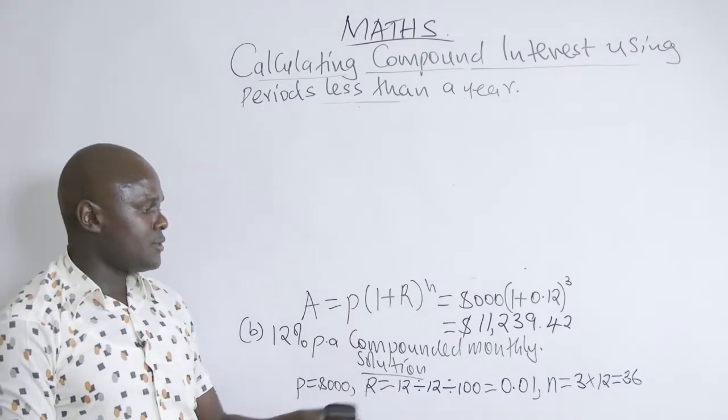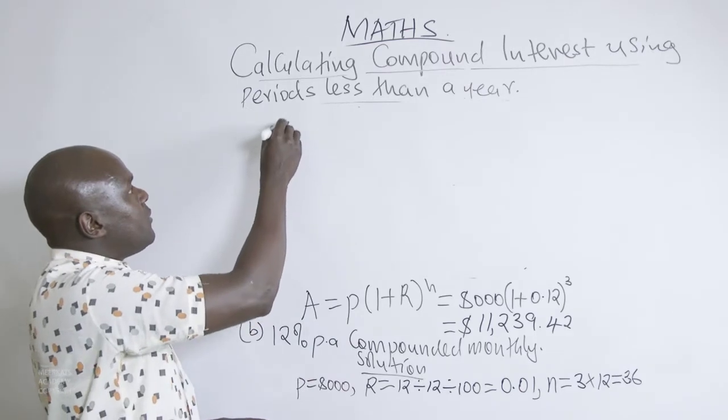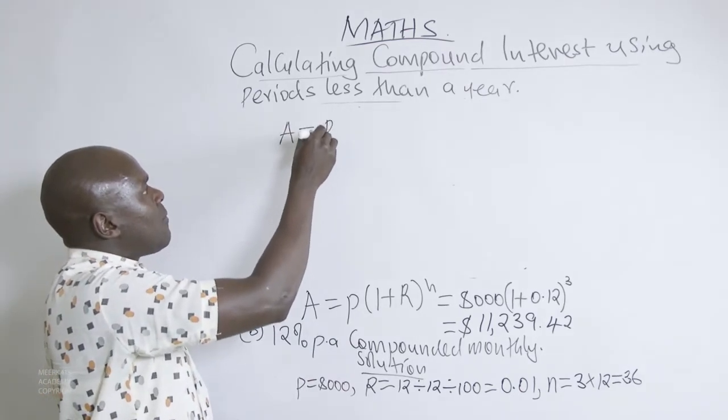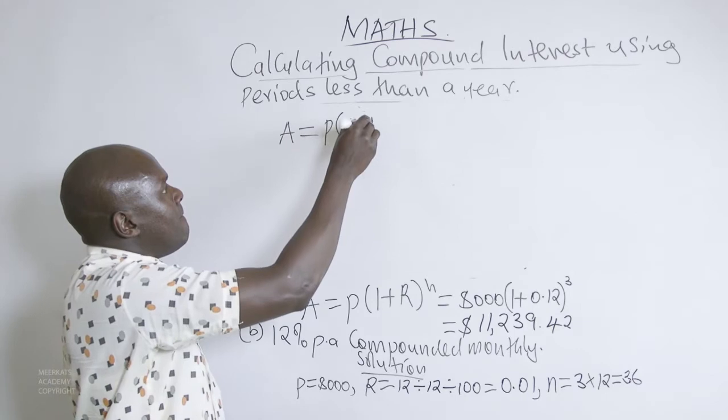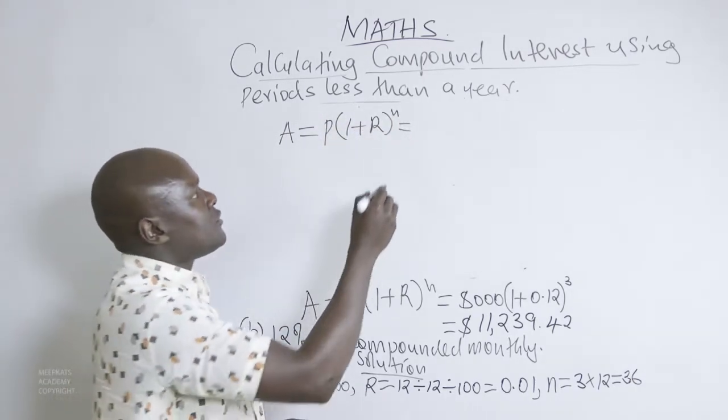Having written down these terms together with their values, we go ahead and write down our compound interest formula. And then we substitute in the values and solve.